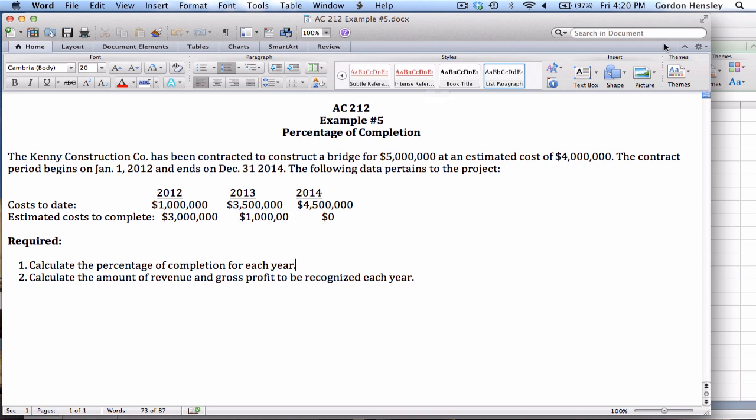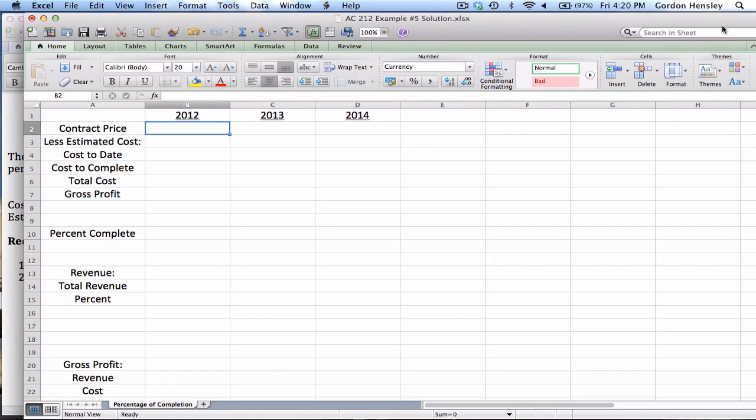So that's the total amount that they're going to pay us. So the good news is that's not going to change. So across the board, for all 3 years, the contracted price is actually going to be $5 million. So that is the same for all 3 years, no difference there.